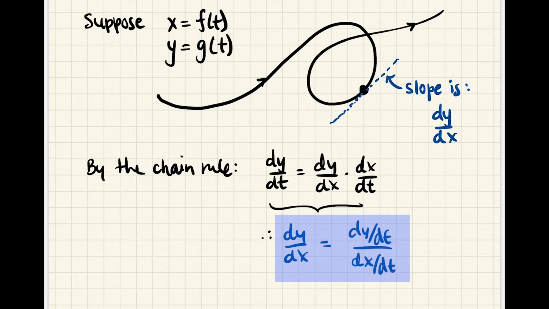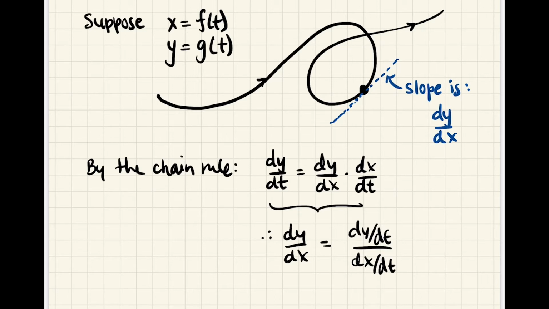That's actually how we're going to be finding dy dx, simply by finding both dy dt and dx dt, and then writing them as dy dt over dx dt. And voila, there we are. This is going to give us a nice equation in terms of t. So we'll have the derivative of y with respect to x as a function in terms of t.